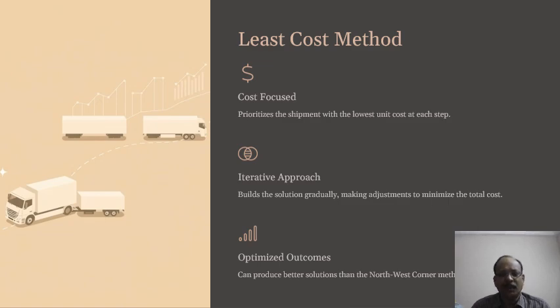It is an iterative approach, building the solutions gradually and making adjustments to minimize the total cost. It can produce a better solution than the northwest corner rule, but it may not be optimum, only nearer to optimum sometimes, because we take into consideration only least cost as the priority.